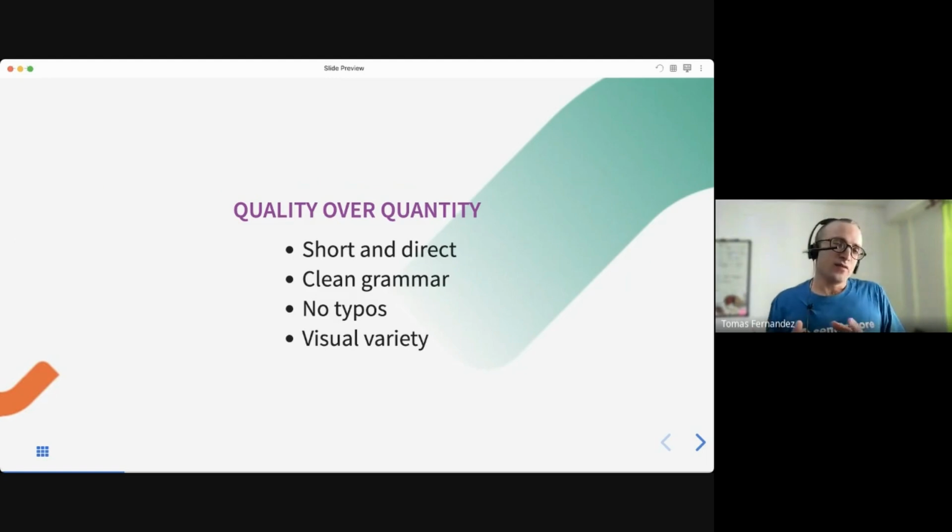This is where the focusing questions I mentioned earlier are important, to keep things on point. And then of course there's quality in the way you use language, whether you have typos, whether you use correct grammar, and whether you have visual elements that complement your text. It's not just text, you have something else.